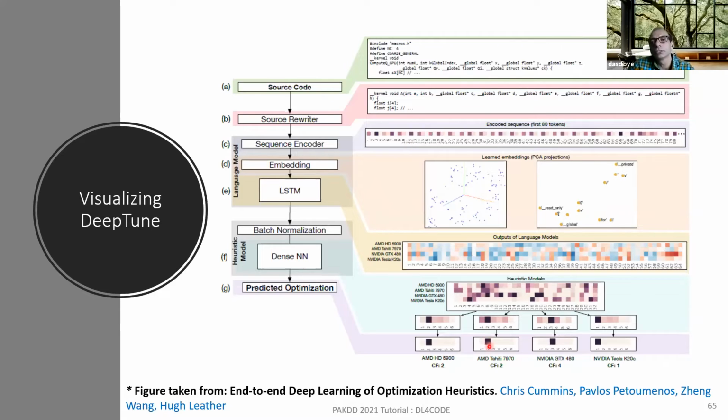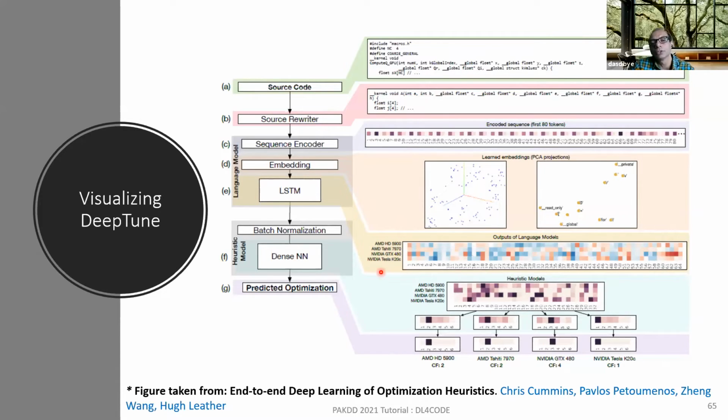Because it is learned end to end, and we are just taking lexical tokens. We are not taking care of control flow or data flow like IR2VEC, because it's slightly earlier work and a much simpler encoding. What we see is that the activations in the dense NN layer vary quite a bit depending on what kind of hardware is used.